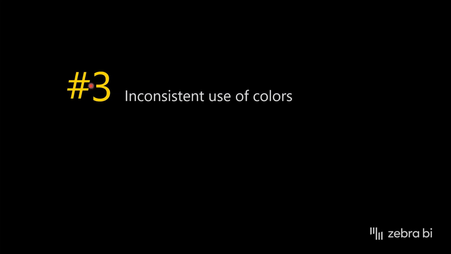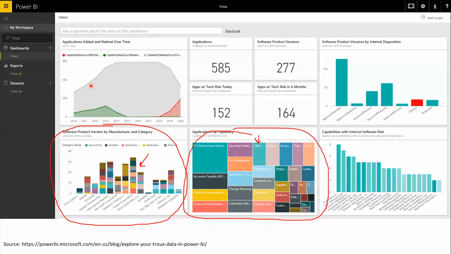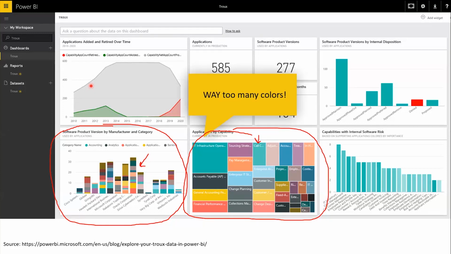All right, my number three. Inconsistent use of colors. It's quite hard to talk about colors. This could be a separate session, but as a very quick recommendation, I would say just use much less colors. So in this example, way too many colors, and this happens again because of inappropriate charts most of the time.